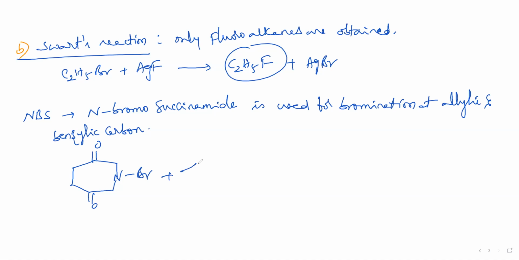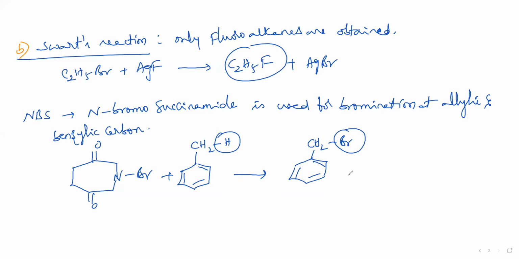So when it is treated with, let us suppose, toluene, C6H5CH3, then bromination will take place at the benzylic carbon. Right? So this is the benzylic carbon.